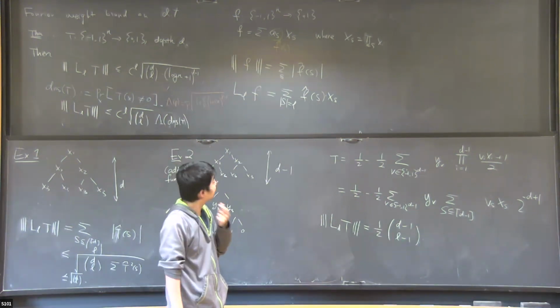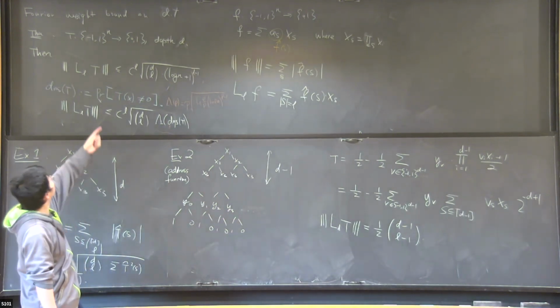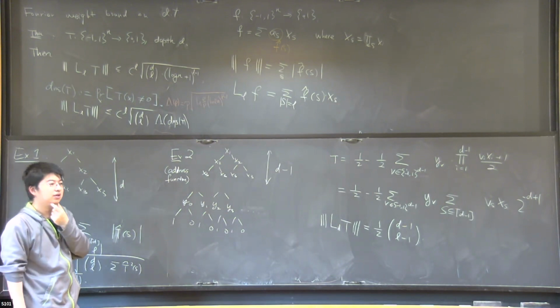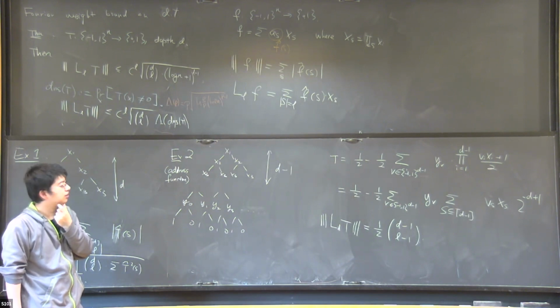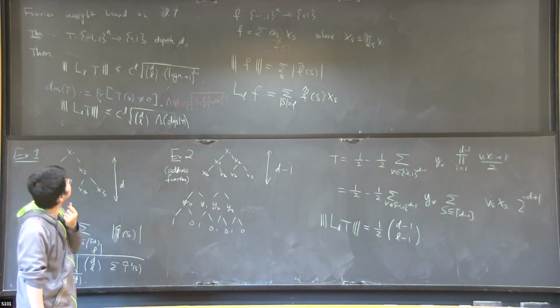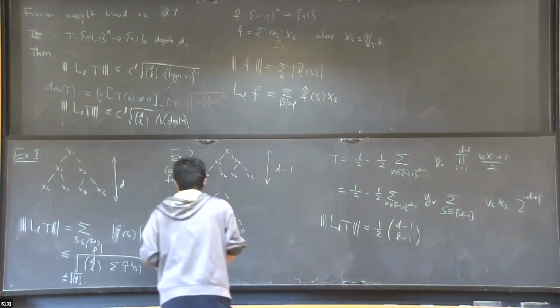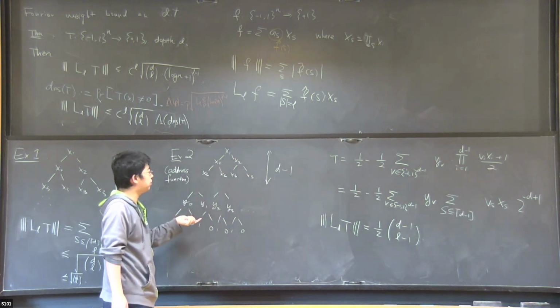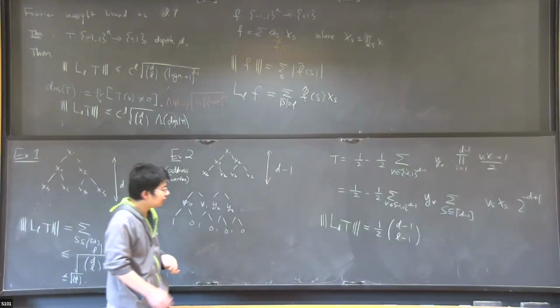So is this a counterexample to our bound? What is the log business here? Yes, exactly. In this example, we have the number of variables exponential in the depth.